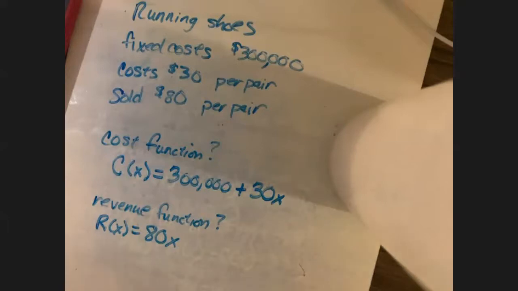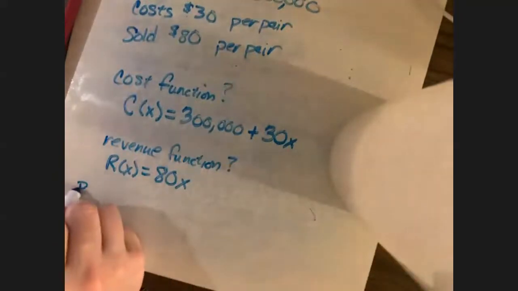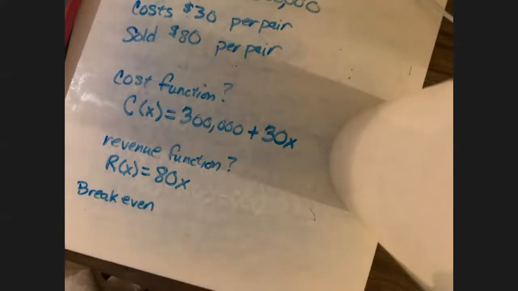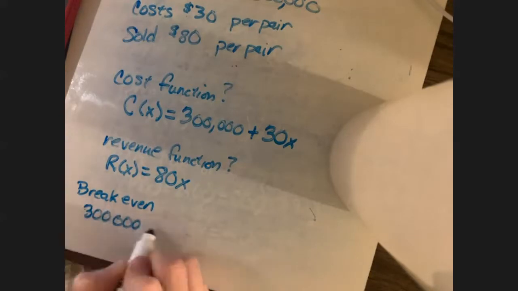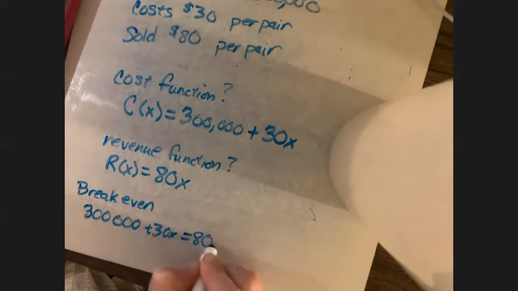Okay. So now, the next thing that they ask us to do is break even. Now, for break even, we said the two things have to get set equal to each other. So I'm going to take 300,000 plus 30x, and I'm going to set it equal to 80x.